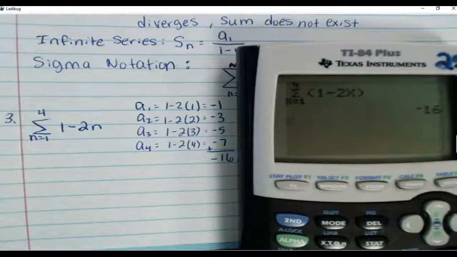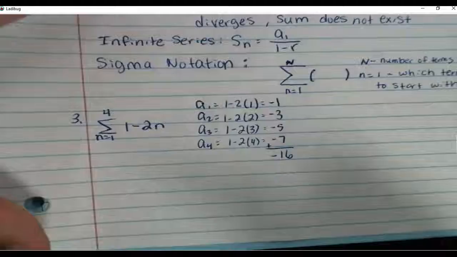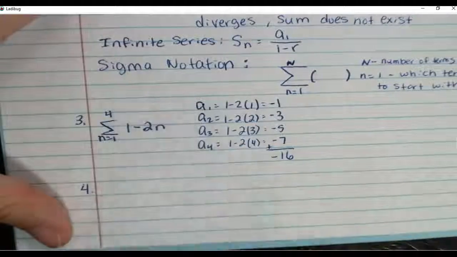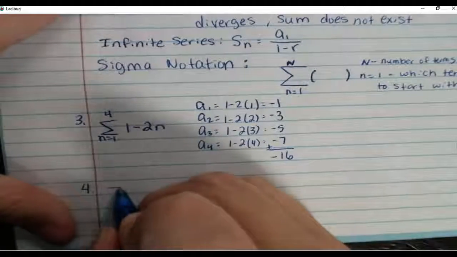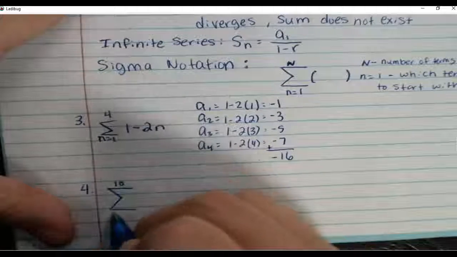So, instead of doing anything different, you just get on the calculator? Yeah. Nope, you just do it. Let's type one more, and let's look at a geometric one, and then we'll be done. So, let's say we want to find the sum of the first 10 terms.